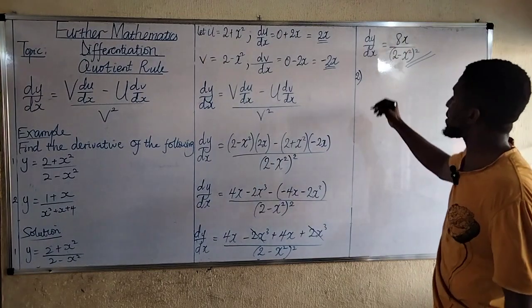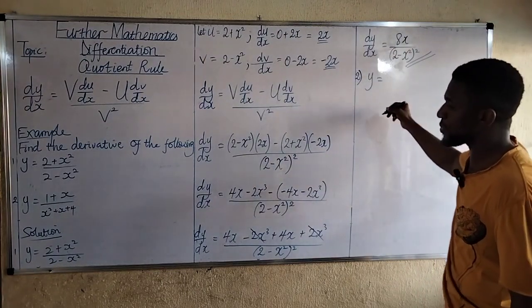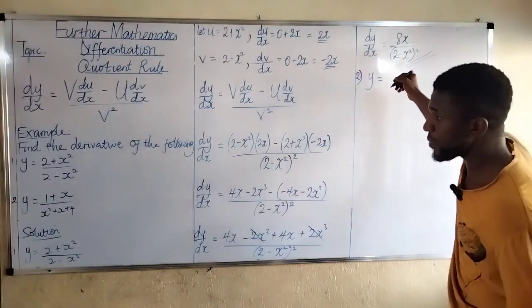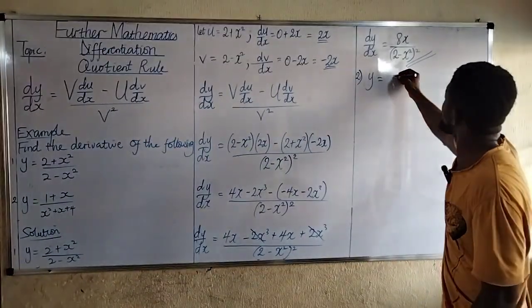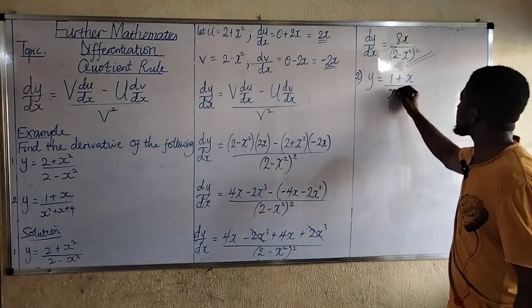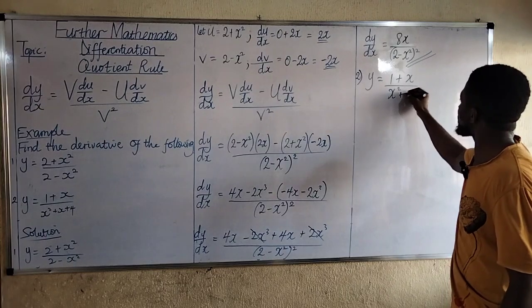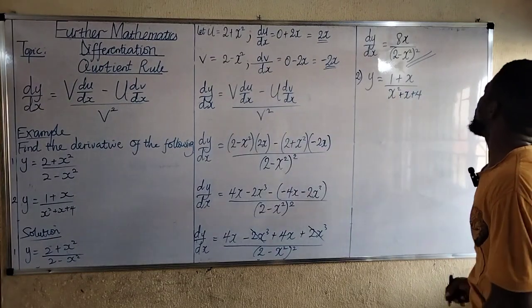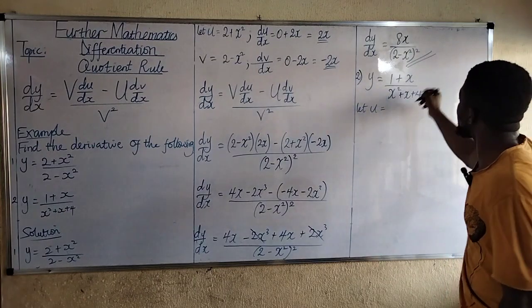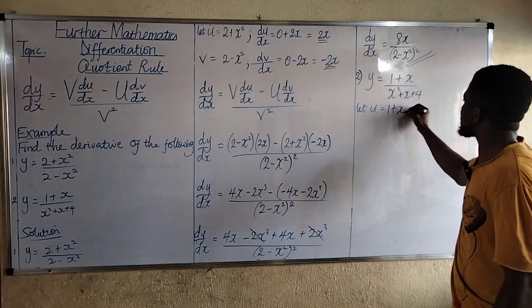Question number 2, it says that y is equal to 1 plus x all over x squared plus x plus 4. Alright, let our u be the numerator, which is 1 plus x.